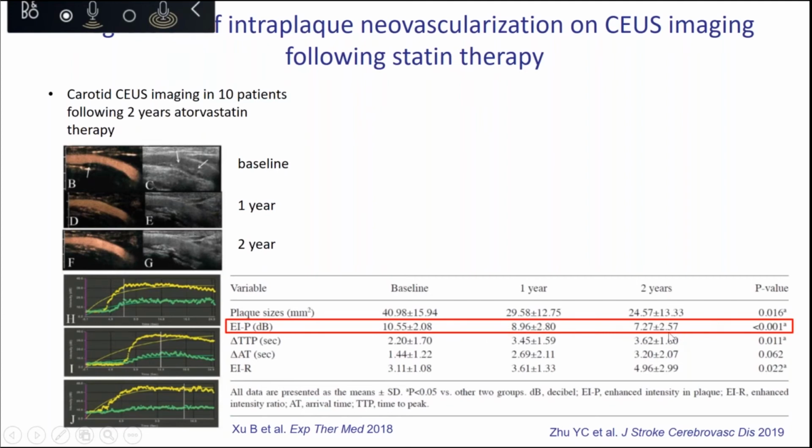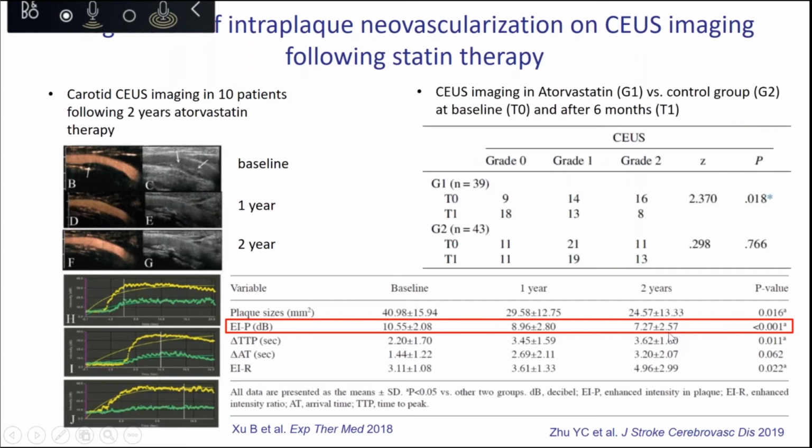Which was significant. And another study, which was a little bit larger, compared this with a control group. There was a group on atorvastatin and a control group, and they showed that in the group with atorvastatin, the vascularization also decreased over time.